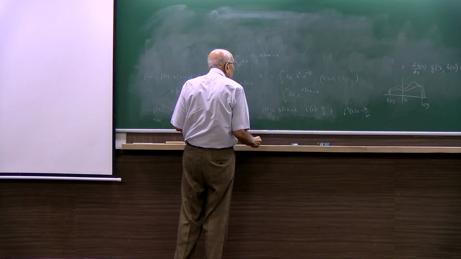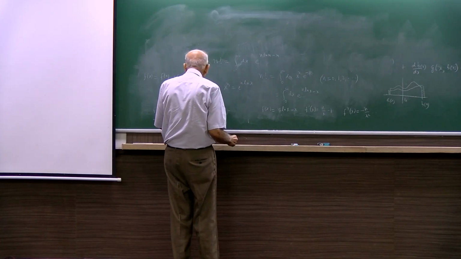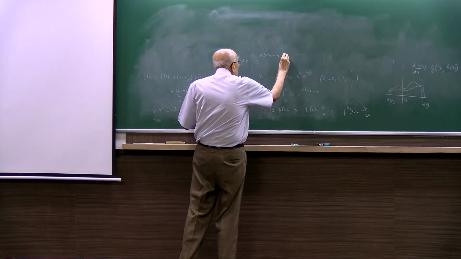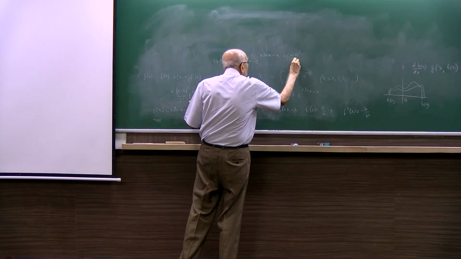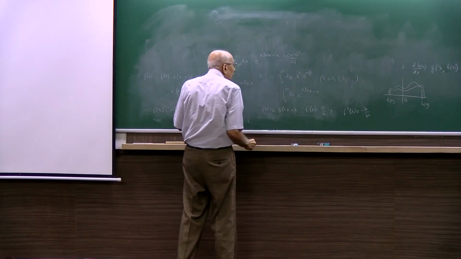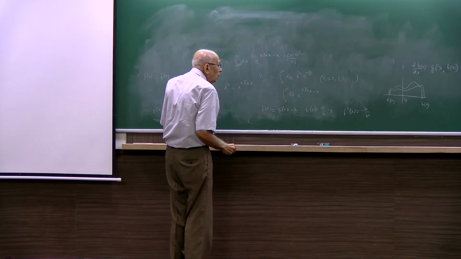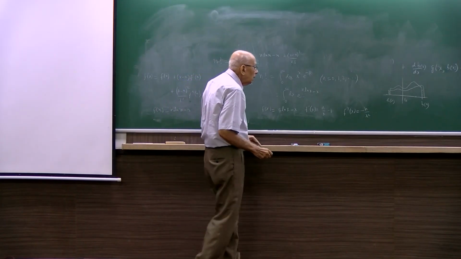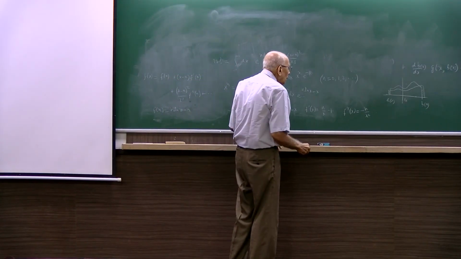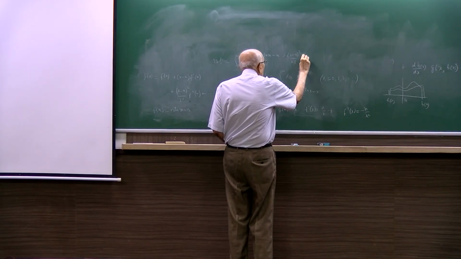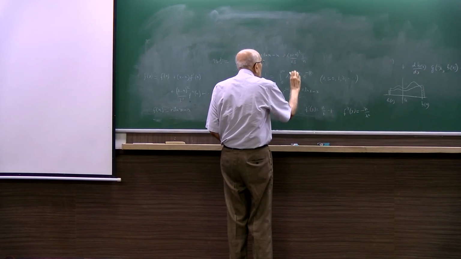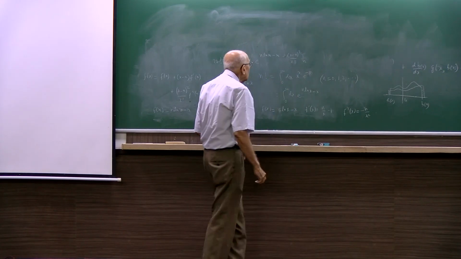That's f of n. The first derivative term is 0. The next term is x minus n, the whole squared over 2 factorial times f double prime of n. What's f double prime of n? Minus 1 over n. So there's a minus sign here, 1 over n. 2 factorial is the same as 2.